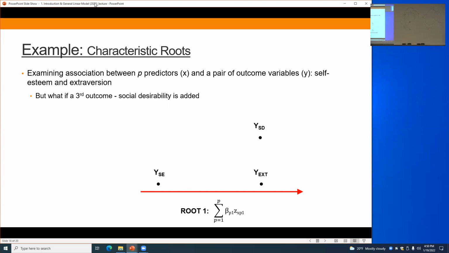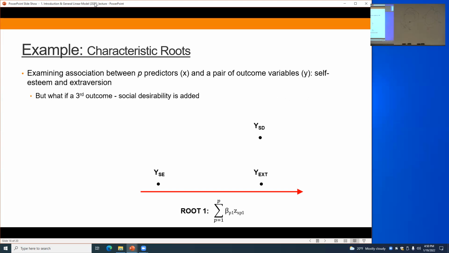Elizabeth, you're saying no. Why? Explain why not. Because the social desirability and the extroversion are on the same line, it's going to be hard to distinguish. If you're looking at self-esteem, how are you going to know if it's related to the social desirability or the extroversion?